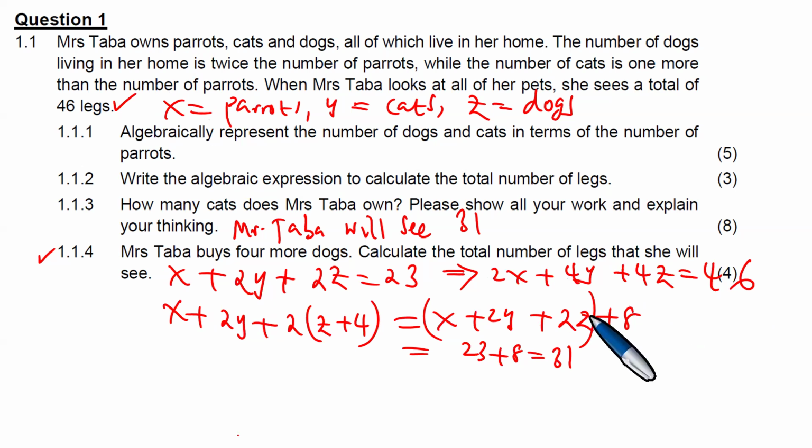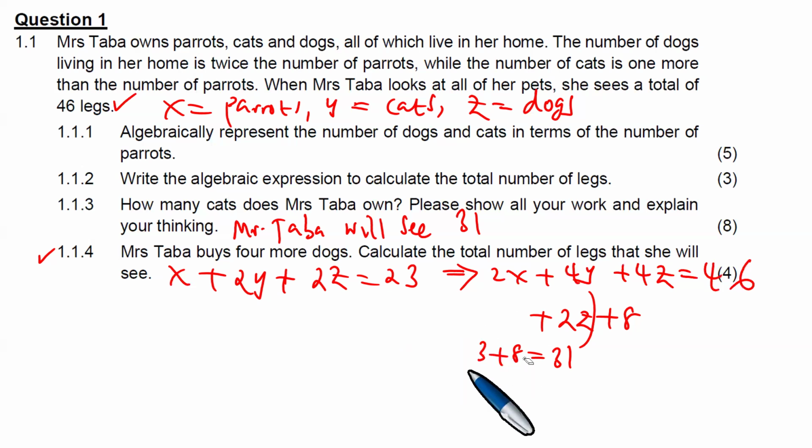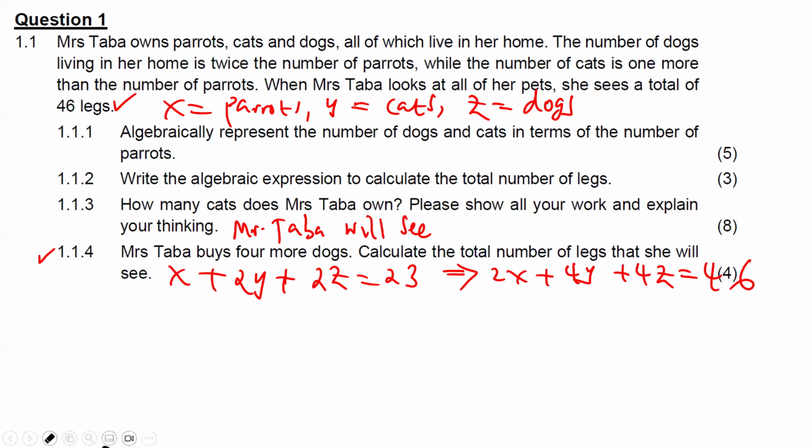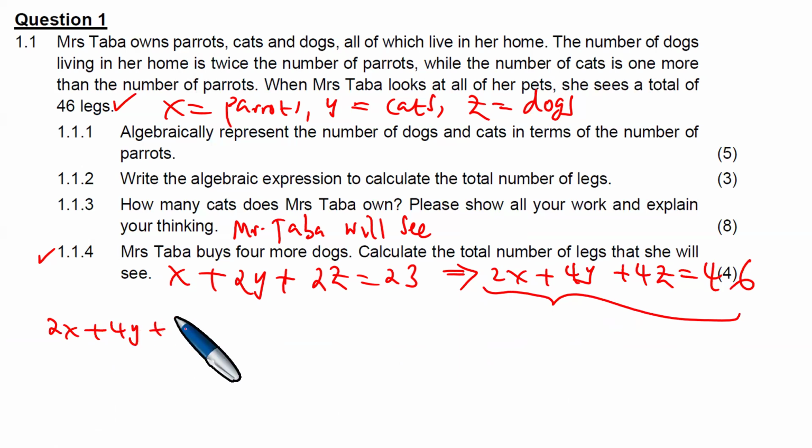So to be very accurate here, we need to double it. So we work out from this one and say 2x plus 4y plus 4z equals 46, but the dogs are 4 more.